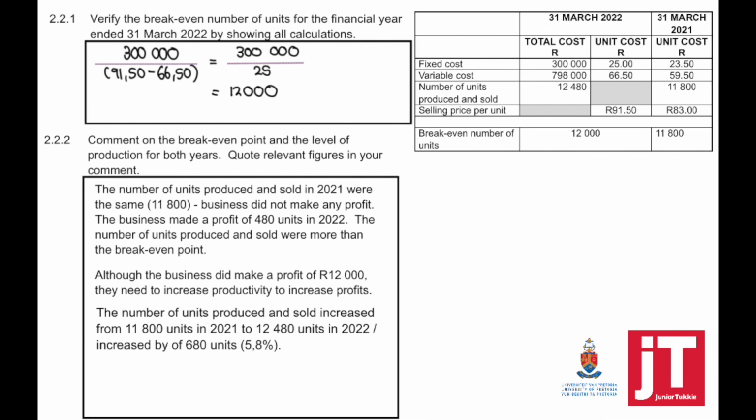When comparing now the number of units produced and sold, it increased from 11,800 units in 2021 to 12,480 units in 2022. So that's an increase of 680 units, which is 5.8%. Looking at the break-even point, it increased from 11,800 units to 12,000, an increase of 200 units, which is 1.7%.